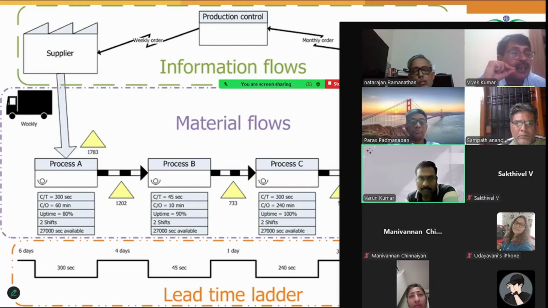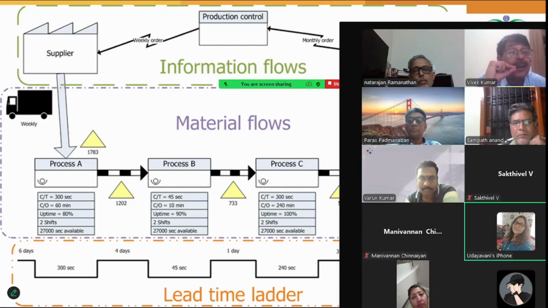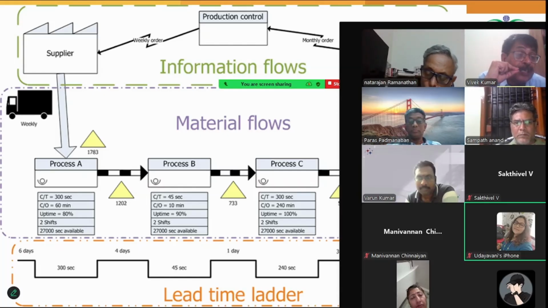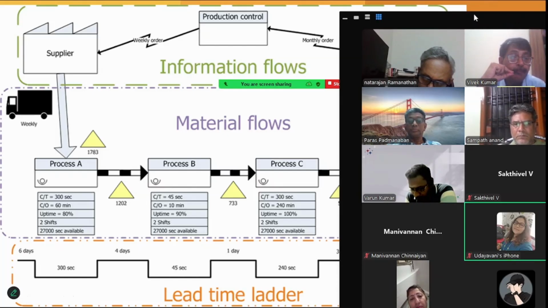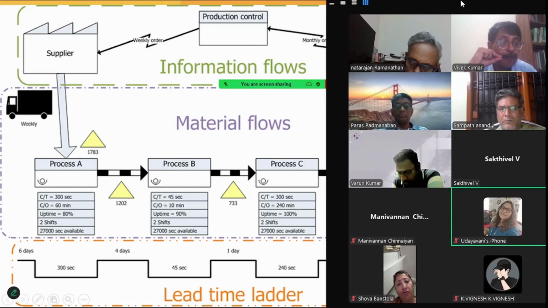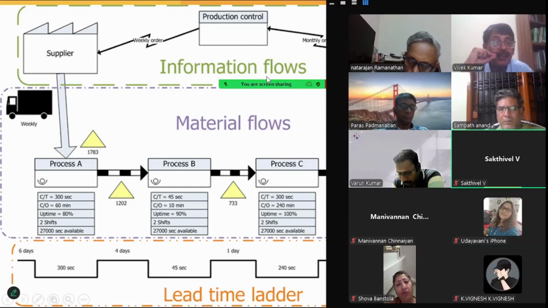When I personally carry out value stream mapping, in addition to these, I also write down the percentage yield at this process stage, so that I can work out whether the quality needs improvement at this process stage or not. Is that clear?